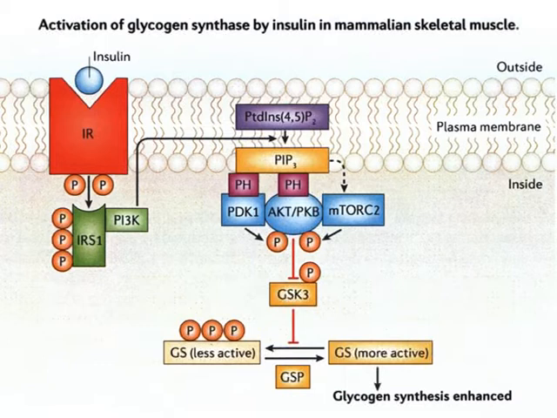So this protein kinase cascade culminates in the inhibition of the kinase GSK3, leading to the activation of glycogen synthase, the enzyme that makes glycogen.